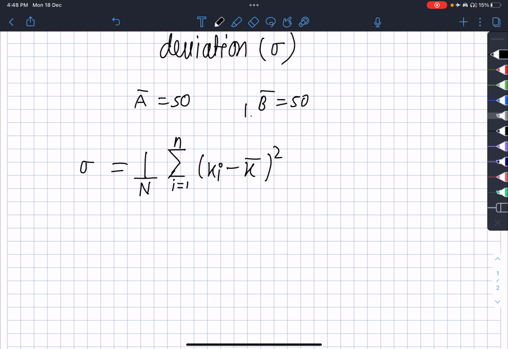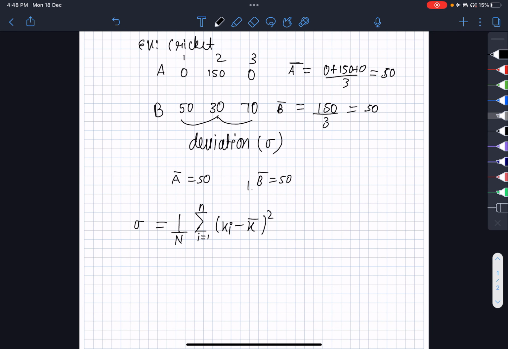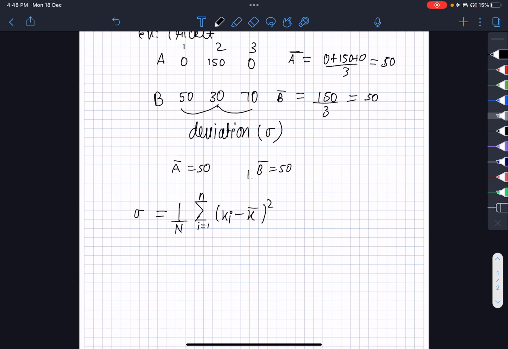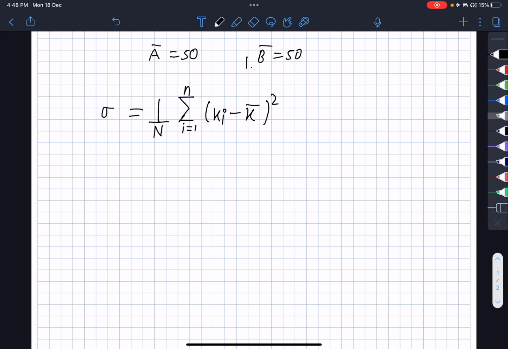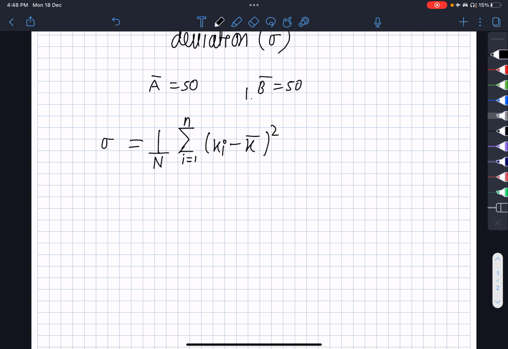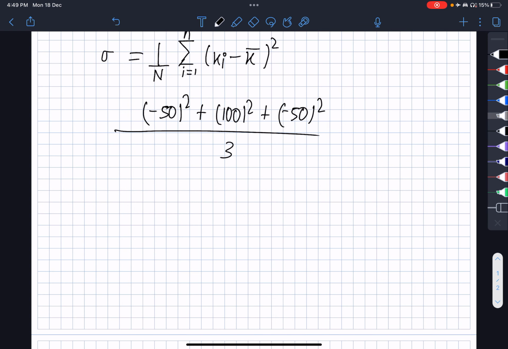So where is the data? So let's suppose we had the mean of 50, which was directly minus 50 squared plus 100 squared plus minus 50 squared, divided by 3.